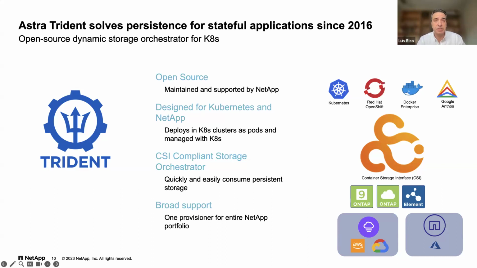NetApp participated in the open source development of the CSI spec, and we were the first commercial solution providing a CSI version of Trident, beta, in OpenShift 3.11, again, some time ago. So we have been supporting customers in this sense for a while.